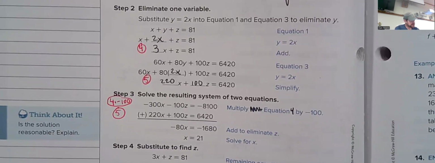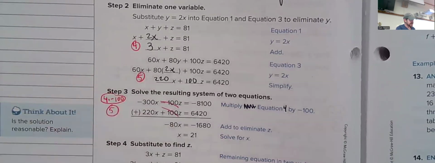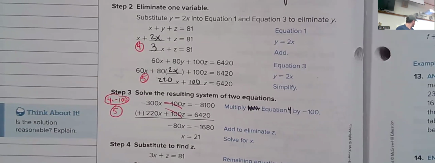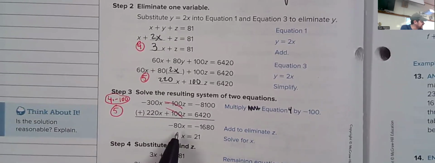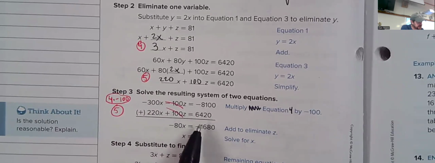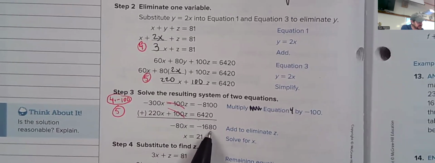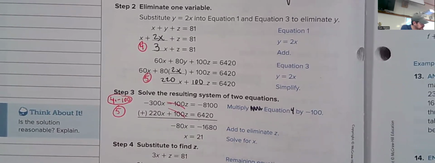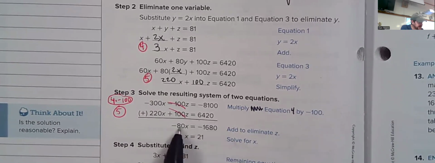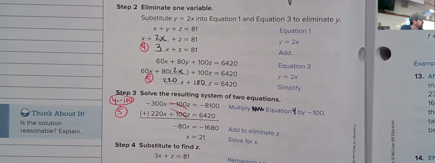And if you add all the way through, the 100z and the negative 100z cancel. Negative 300 plus 220 is negative 80. And negative 8,100 plus 6,420 is negative 1,680. If you divide both sides by negative 80, x is 21. Which means there were 21 individual memberships sold.